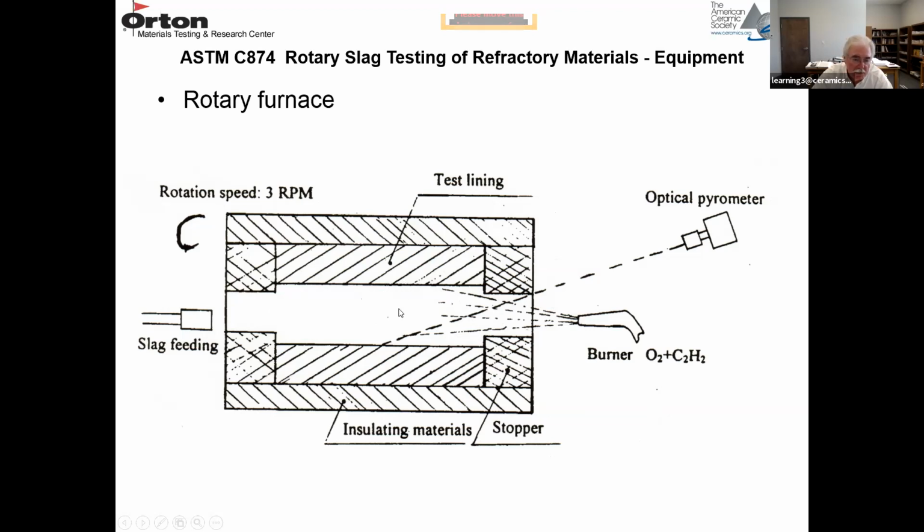And you measure the temperature at the refractory slag interface with an optical pyrometer. So that's the hot end, the low end of the furnace. At the high end, you're feeding in the slag in the form of a pellet every certain time interval to keep the slag flowing, and it flows out this end. So that's what the setup looks like.